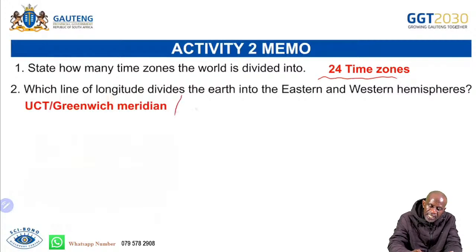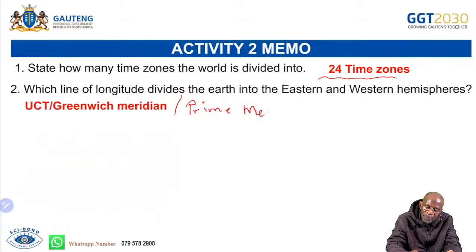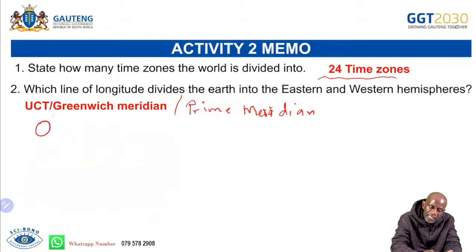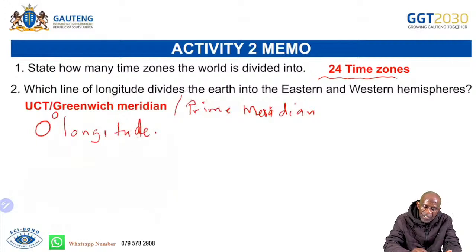I can see here my memo doesn't give other names. We have the prime meridian as well as the 0 degrees longitude. So these are further names to explain this name.